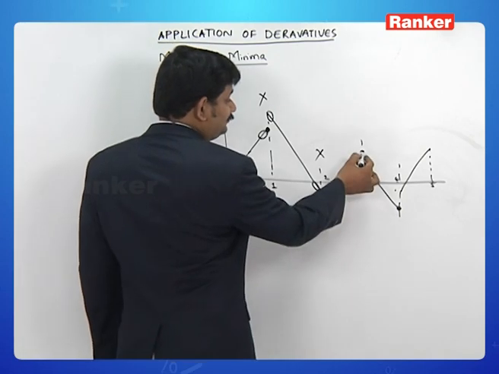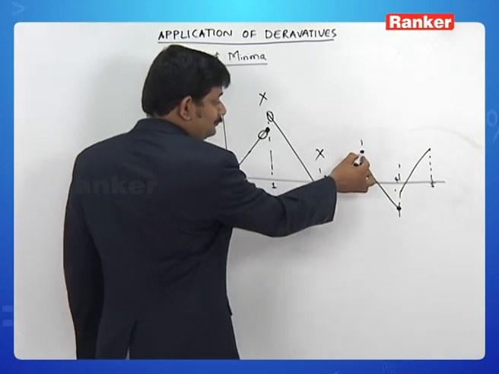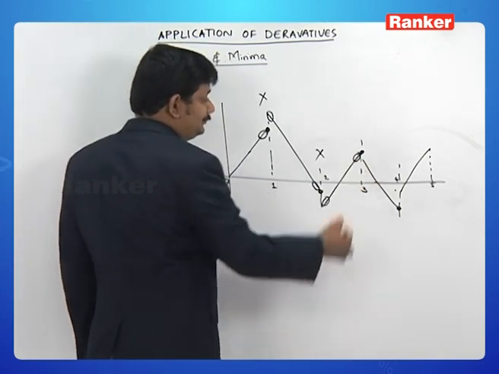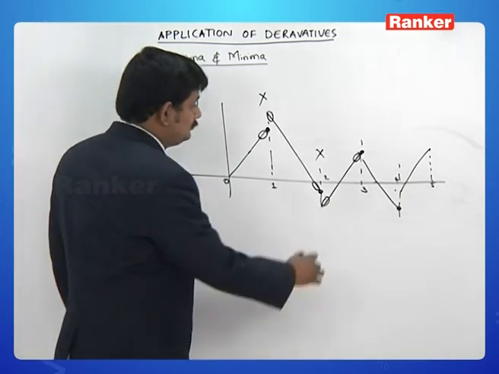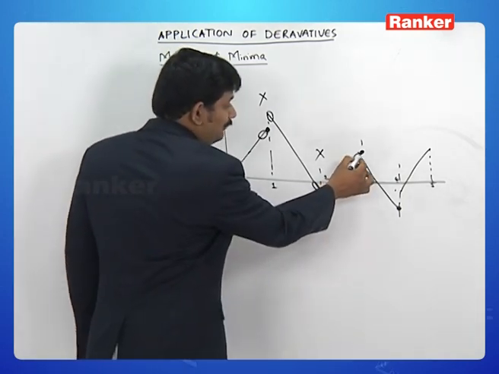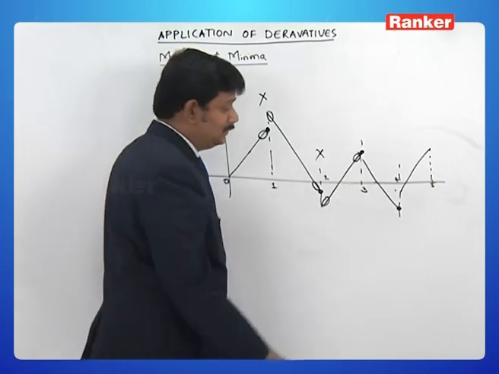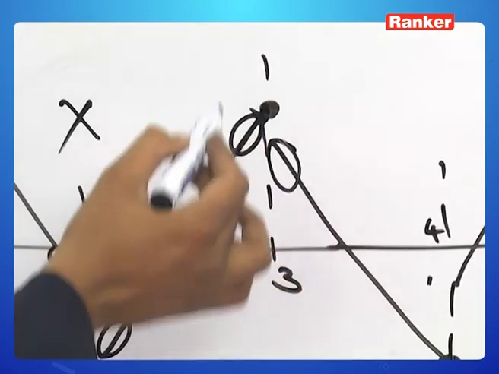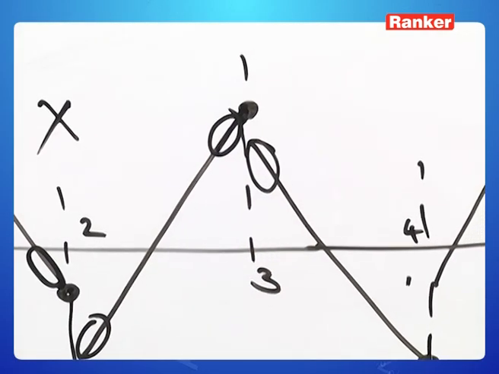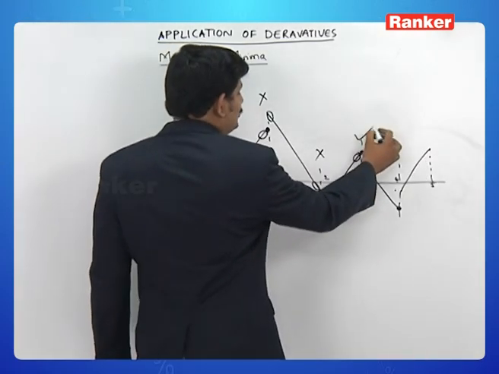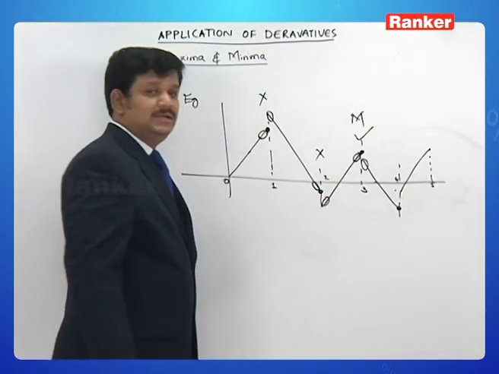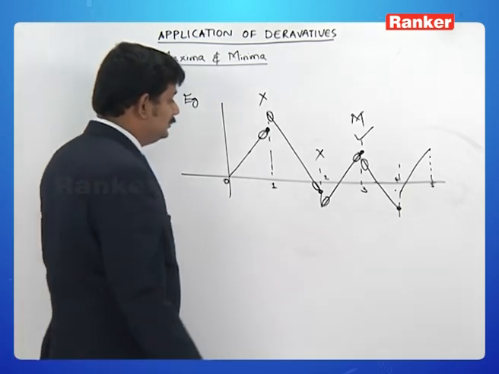At 3, we have points to the left side having y coordinates smaller than f of 3, points to the right side also having y coordinates smaller than f of 3. So, this qualifies to be a local maximum. 3 is a point of local maxima.